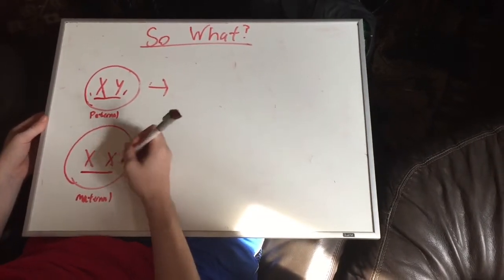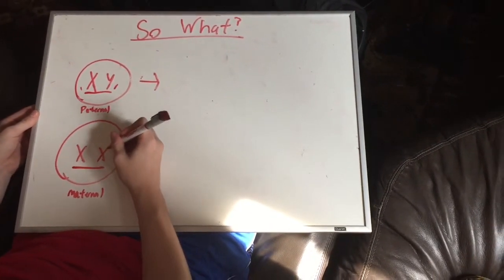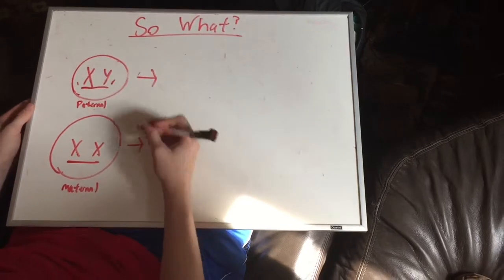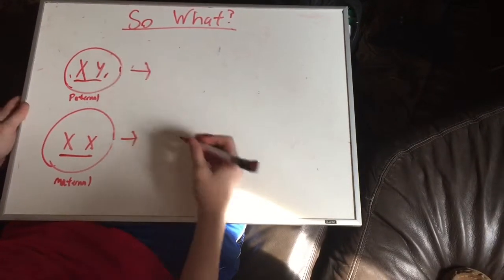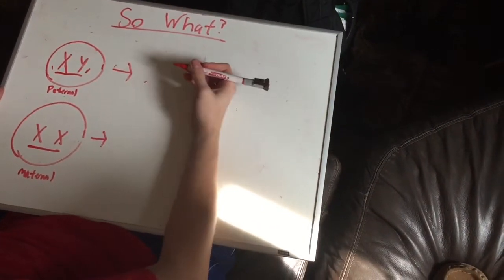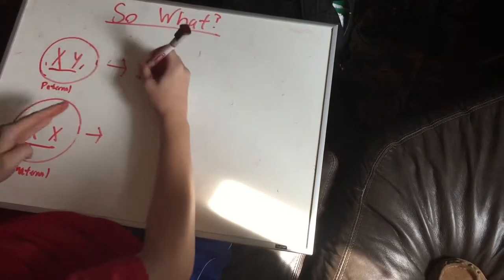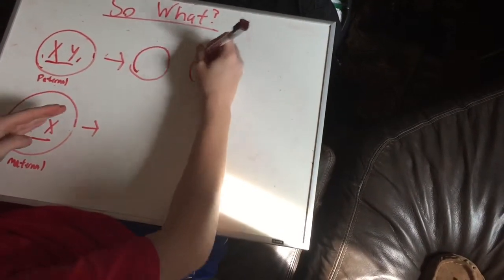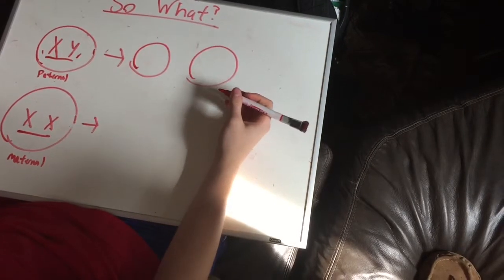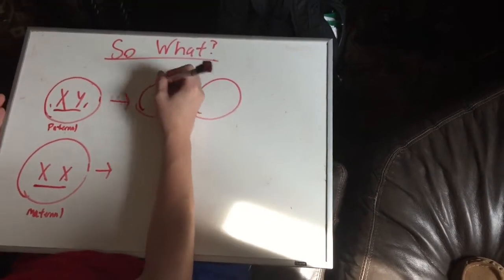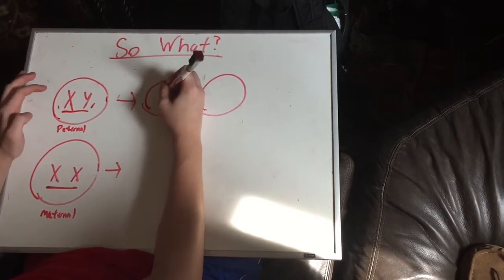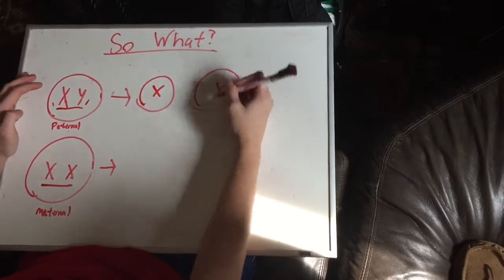Now, the mother would have 2 of these X chromosomes, these sex chromosomes. So if we take the paternal side, and this would be making cells, it would have 2 possibilities of cells. It will split so that it has X in one and Y in another.